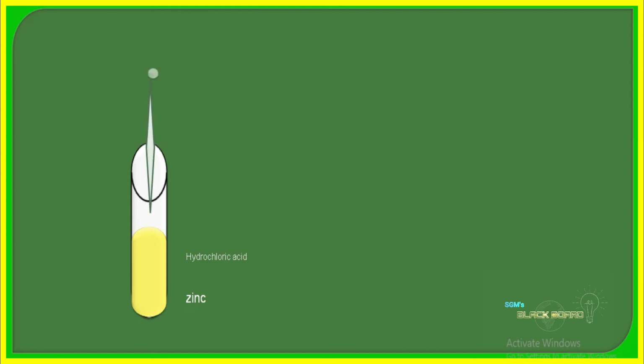Let us discuss one more chemical reaction. Take a test tube and put some zinc granules into that. Add hydrochloric acid. We know that when hydrochloric acid is added to zinc, immediately gas is produced. When that is tested with a glowing splinter, it is put off, making a pop sound.